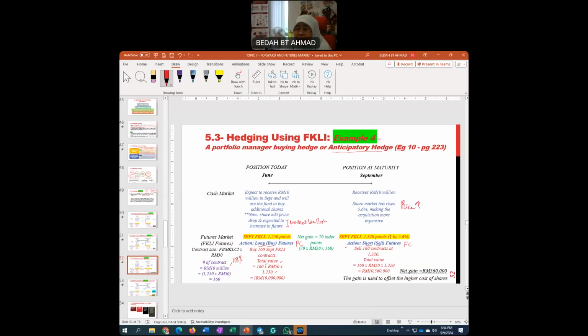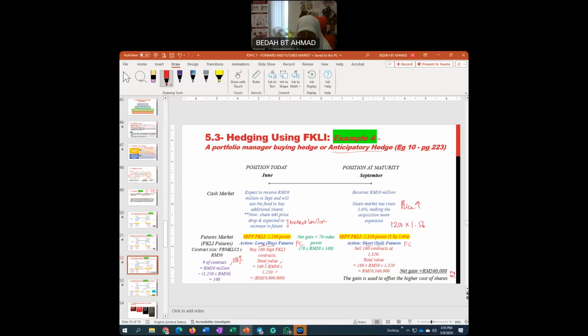So since the price rose by 5.6%, the index also rose from 1250 by 5.6%.